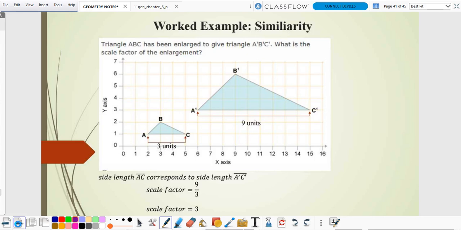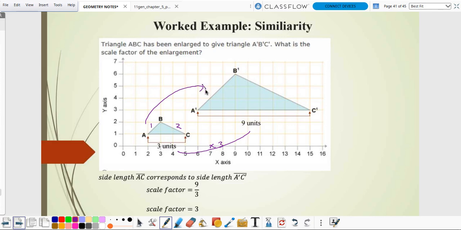Now let's say hypothetically this length is 1, and that length is 2. I want us to figure out what these lengths would be. If the scale factor is 3, meaning it got tripled, then to go from this to this it was times 3. So what would this be? 1 times 3. Good.